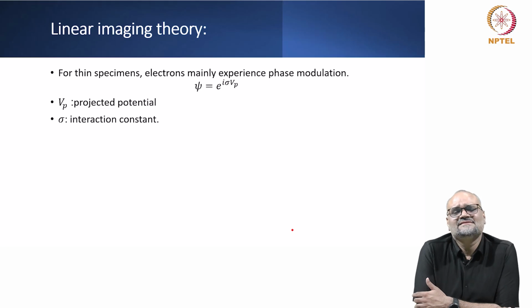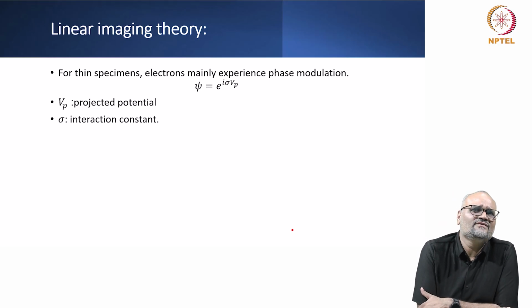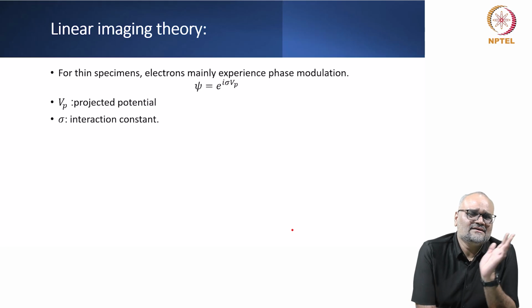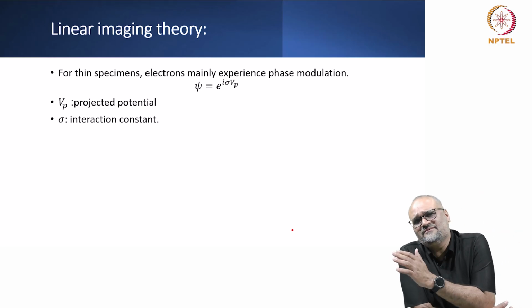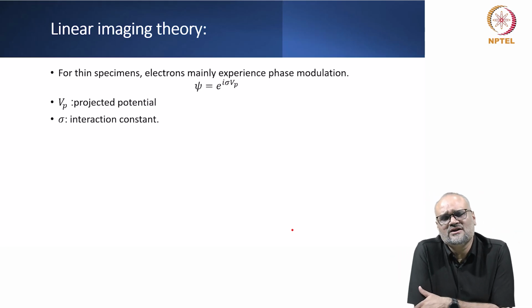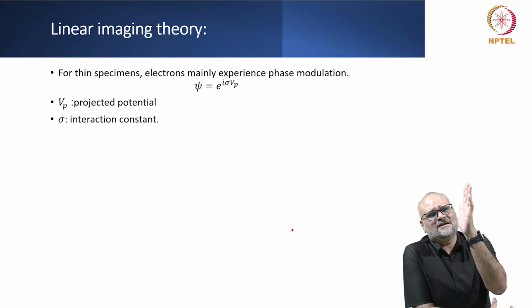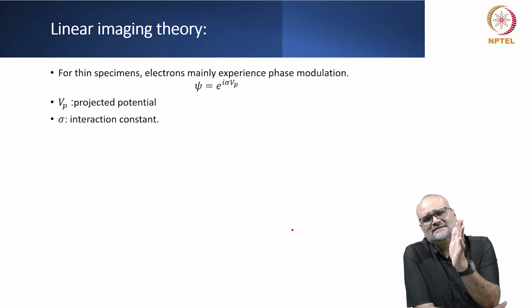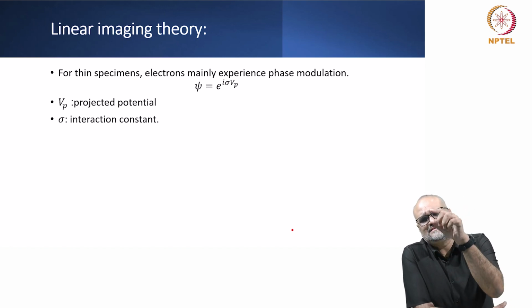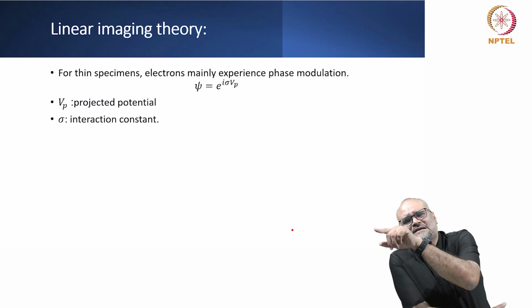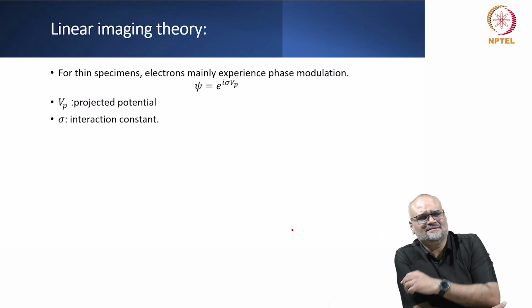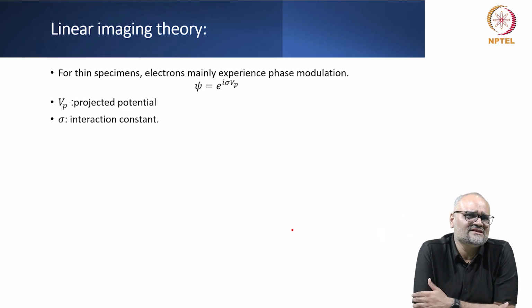That is because when you write a Taylor series expansion of the wave function, you can ignore most of the higher order terms. So you have a unity or a constant plus an imaginary part of the aberration function as well.